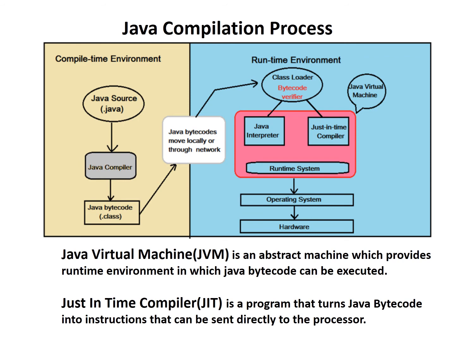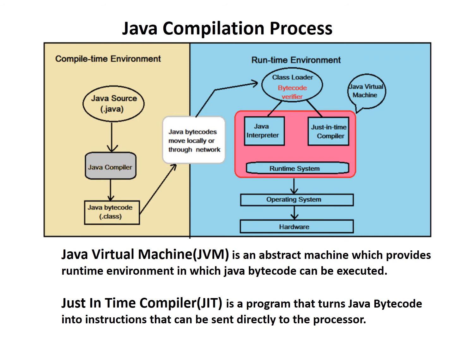And see from this example that all the structure in red part is known as the Java virtual machine, and this bytecode will be loaded by the class loader for the Java virtual machine.